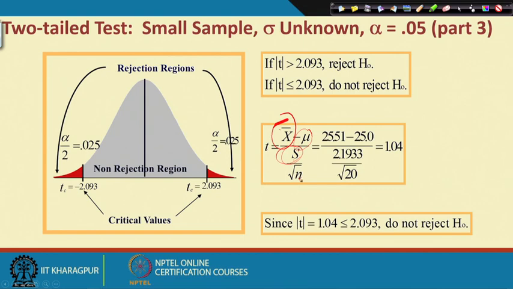N is the count, that is the sample size. Everything is there in the spreadsheet. On the basis of the spreadsheet data you first calculate the sample mean and sample standard deviation, and then you find the t statistic, which is more or less the same as the z statistic.